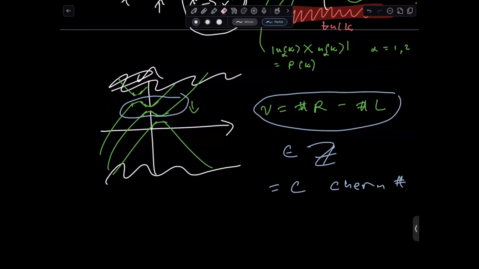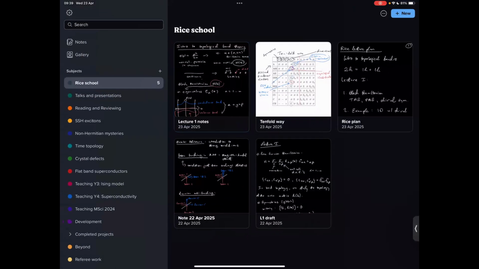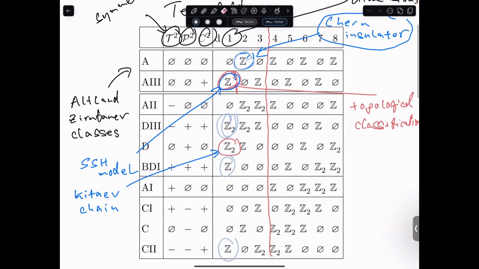Any other questions on this one? Yes. The first one is a bit of a general question. When you were labeling the different symmetry classes in the table, is there a general intuition for why some of them are superconductors and why some of them are insulators? Oh, yeah. So generally, the language is that whenever you have particle hole symmetry, it's a superconductor.